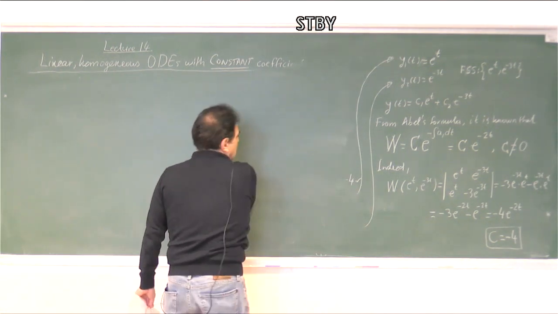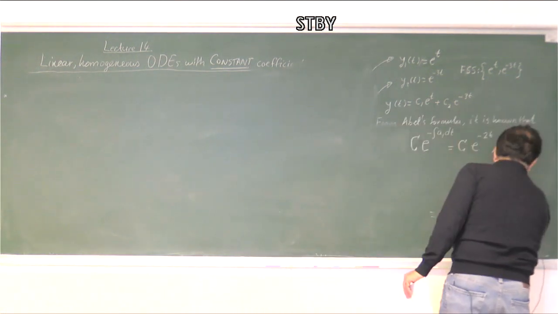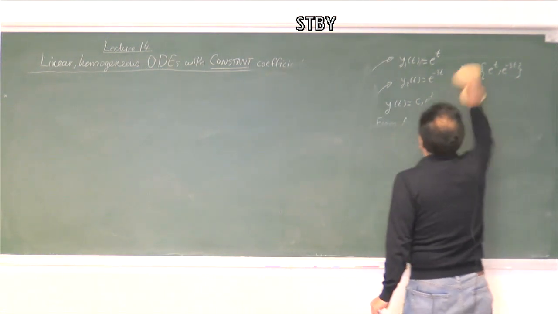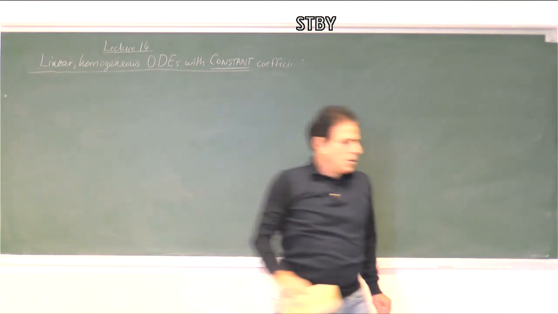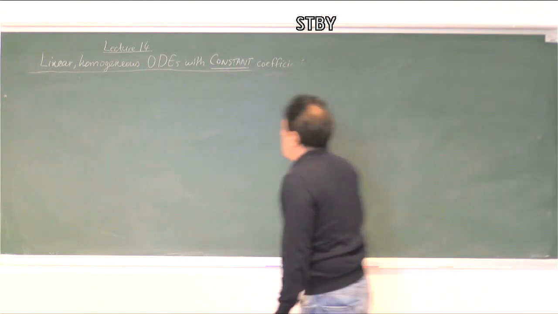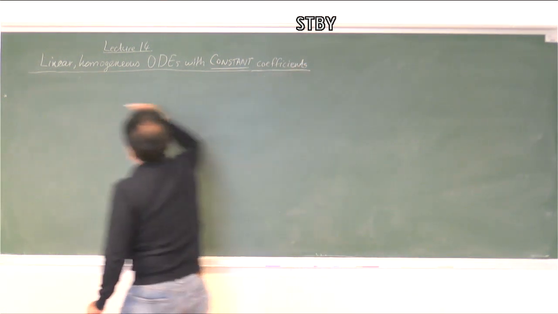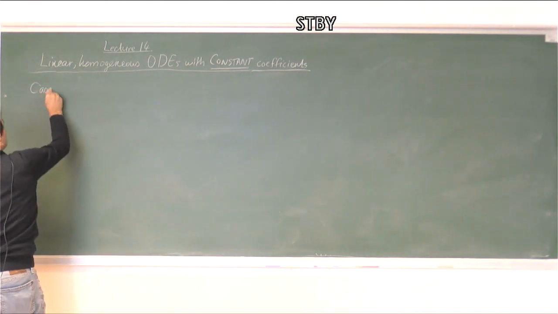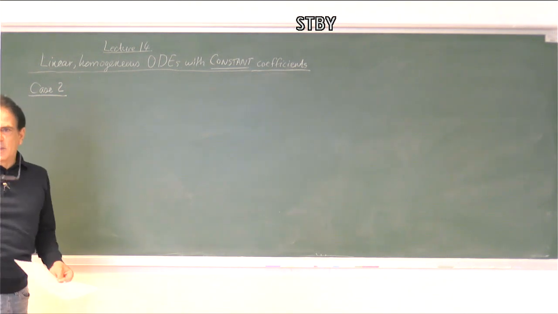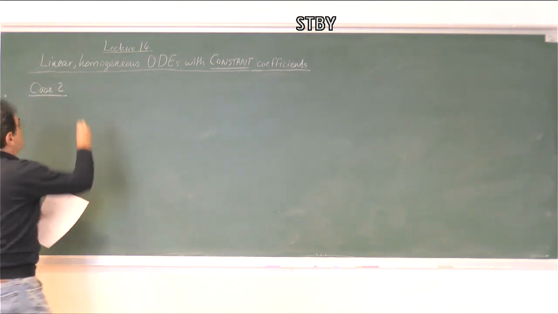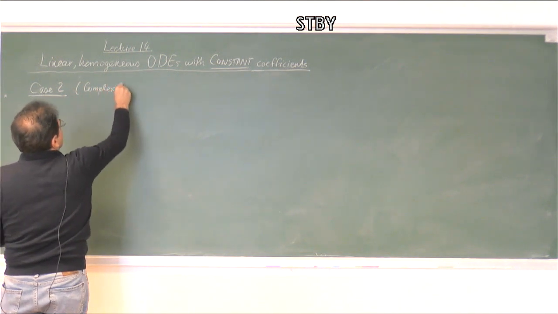So let's say case 2. Now we deal with the case where the characteristic equation has a complex root.